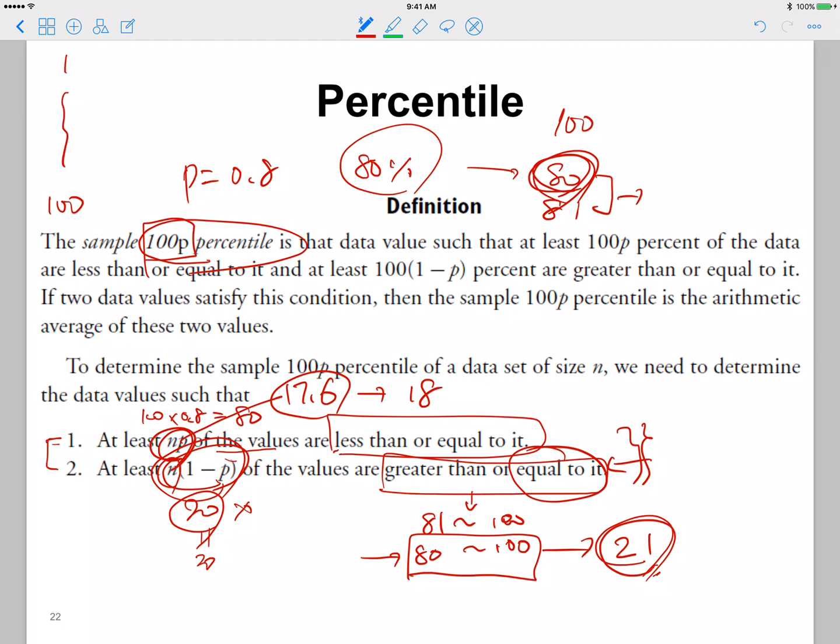And then let's think about the 18th data item, and then the number should be equal to or greater than this 18. So we can count it starting from 18, right? 18, 19, 20, 21, and 22. So the 18th ranked data item satisfies the second condition as well. Okay.